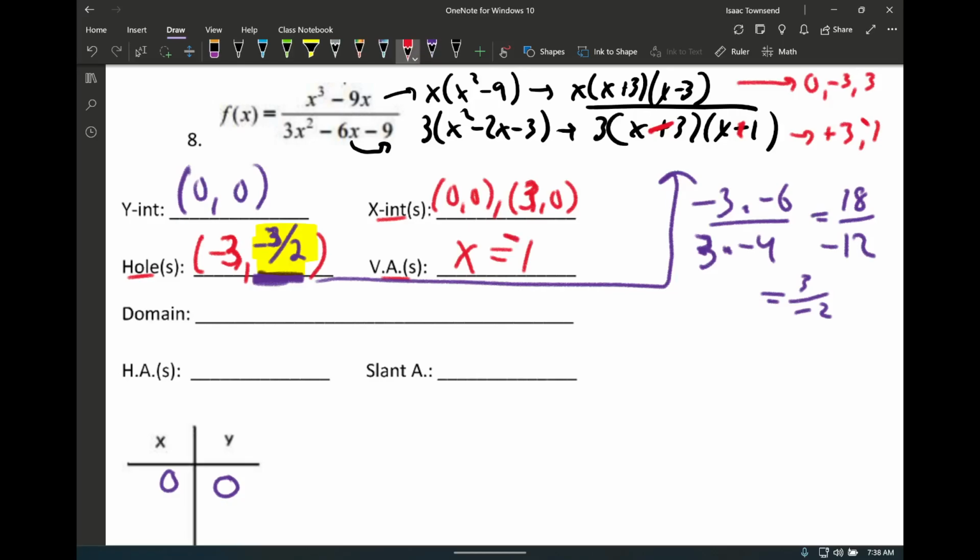So -1 is the vertical asymptote, 0 and positive 3 should be the x-intercepts, and then +3 should be the x value of the hole, because these two cancel.